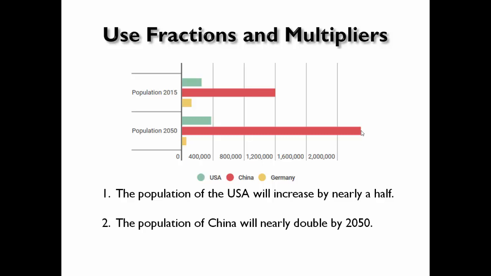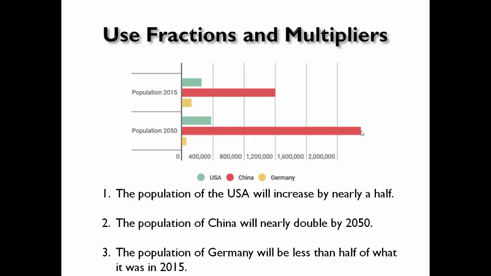It will go up by 2 times. And the population of Germany will be less than half of what it was in 2015. So if you look at the populations of Germany for 2015 and 2050, it will be less than 50%. So this is just another way that you can describe increases and decreases. And you can choose either one of the 3 ways, whatever one you feel most comfortable using, whatever way is most appropriate for the data.